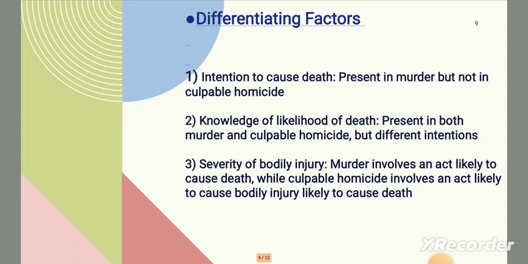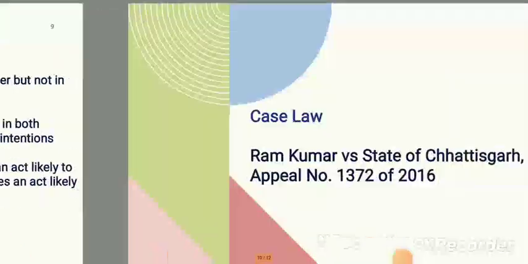Second, knowledge of likelihood of death, present in both murder and culpable homicide, but with different intentions. Third, severity of bodily injury: murder involves an act likely to cause death, while culpable homicide involves an act likely to cause bodily injury likely to cause death. Now move to the next slide.